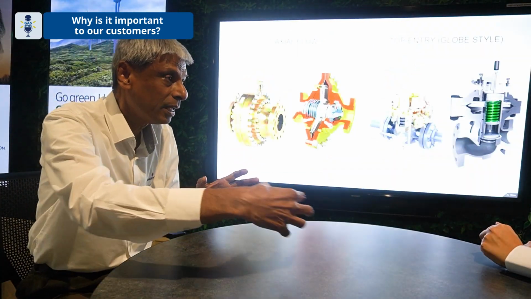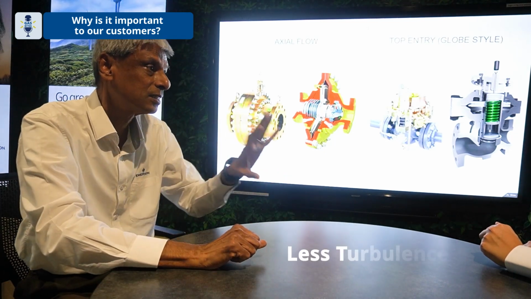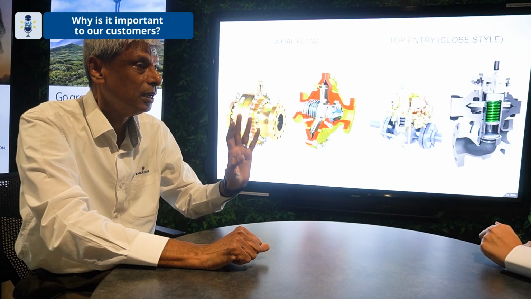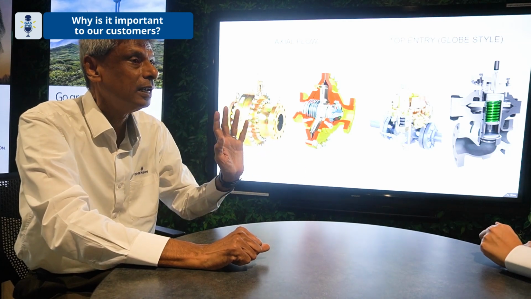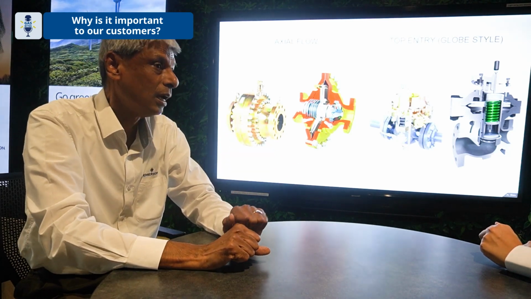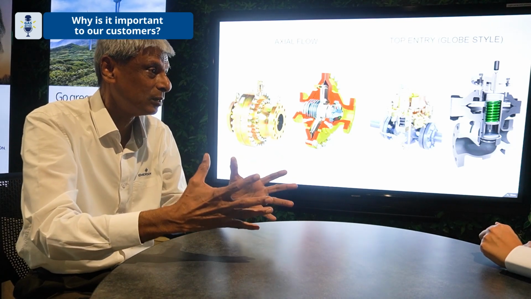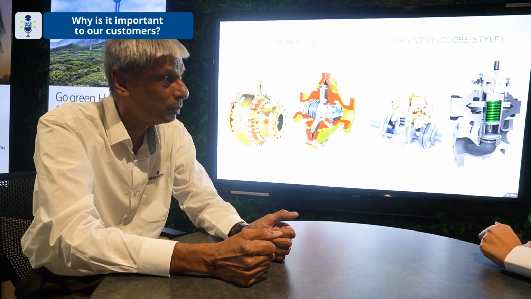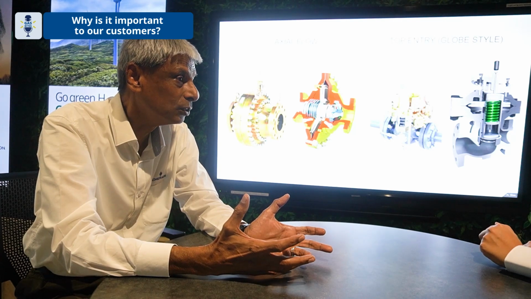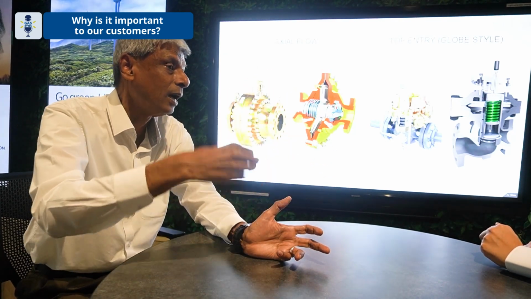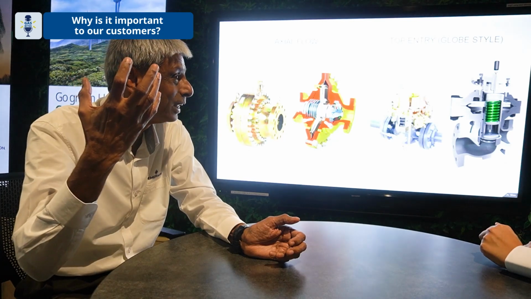Because of the streamlined flow passage, there is less turbulence. Less turbulence means less vibration and less acoustic noise. Noise and vibration are not desirable for the performance of the product, because vibration can lead to higher wear and tear, and noise is noise pollution to the environment.